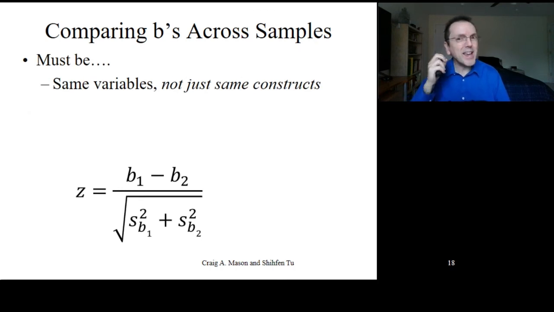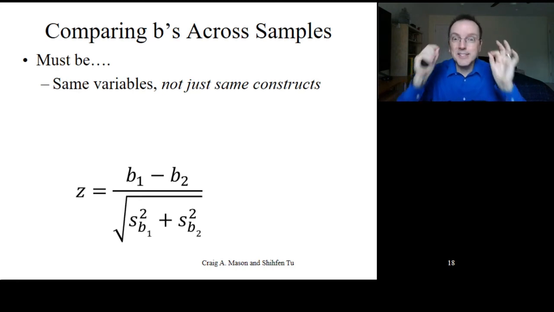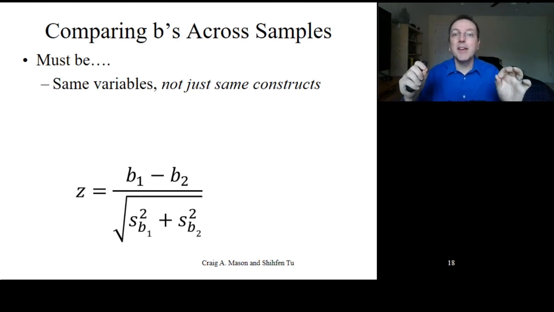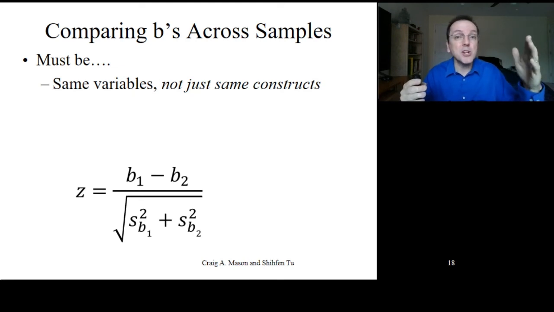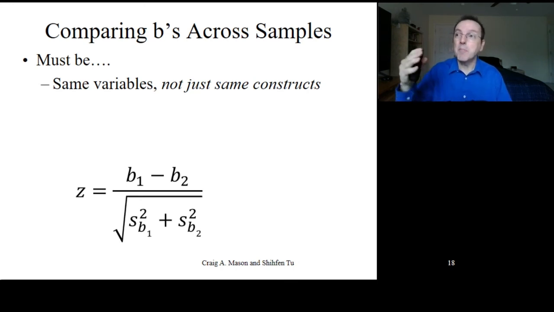First, when I say the same variable, I mean it's the same variable. It can't be a different variable measuring the same construct. You can't compare the regression coefficient associated with the Beck depression inventory in sample 1 with the regression coefficient associated with the Mason mood index in sample 2.